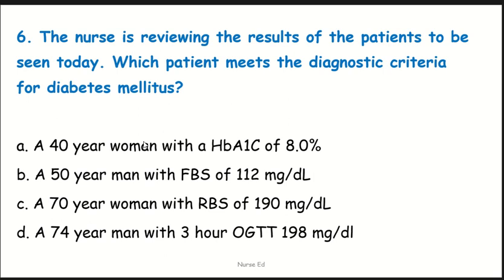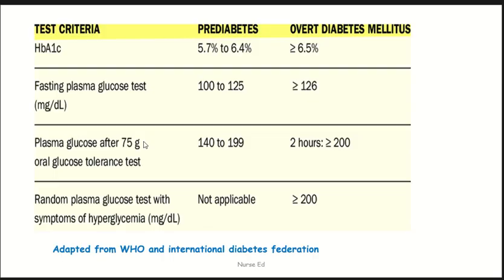And the answer is option A, 40-year-old woman with an HbA1c of 8. So remember the test criteria. This is adapted from WHO and International Diabetes Federation. Based on that, what level of HbA1c, FBS, or even oral glucose tolerance test OGTT or RBS is considered to be pre-diabetes or overt diabetes mellitus. Please study this criteria. This is very important.